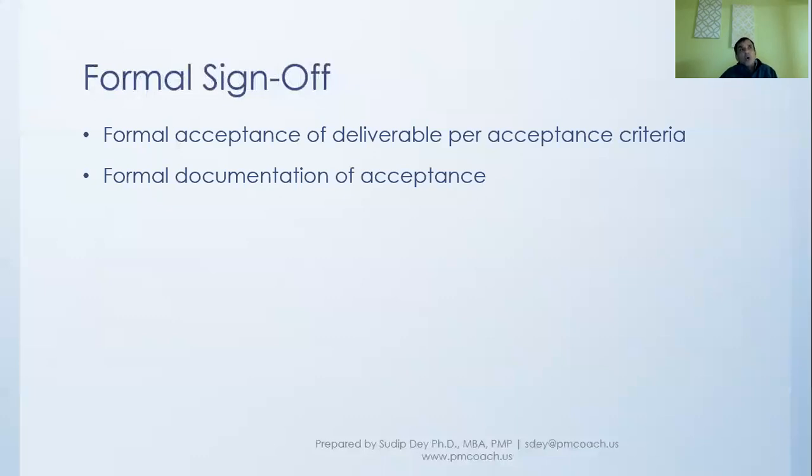Now, in reality, what you will realize is when you are going through the validated scope, it is not as straightforward as it sounds. There are so many pieces going into the validation process.